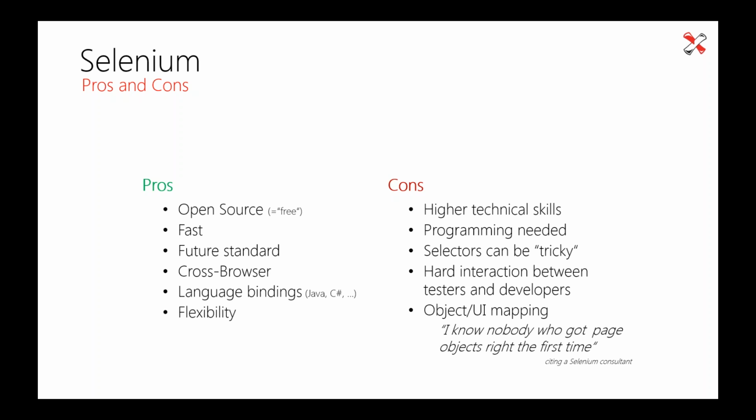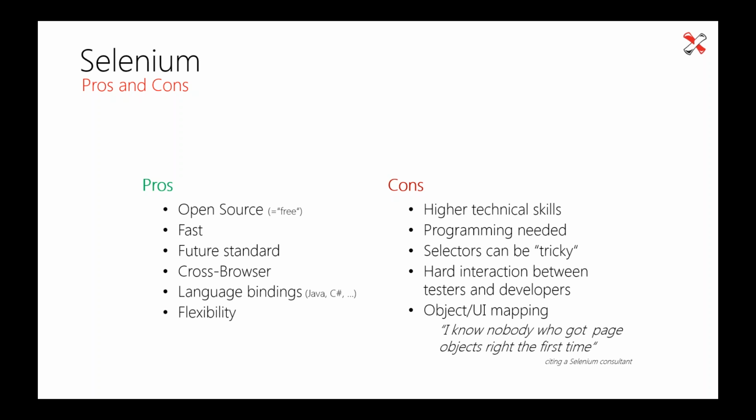Yeah, and the last one, to be honest, this is my favorite one. We have quite good relationships also with Selenium consultants, and one pretty good consultant once said, I know nobody who ever got page objects right the first time.